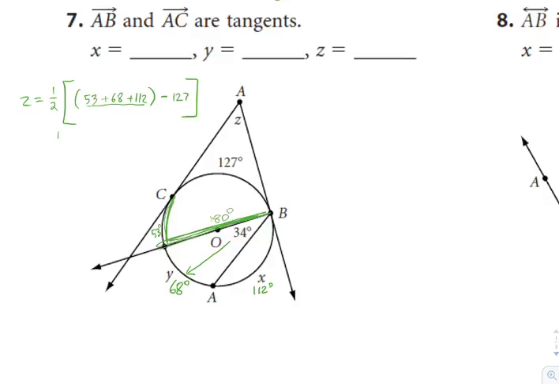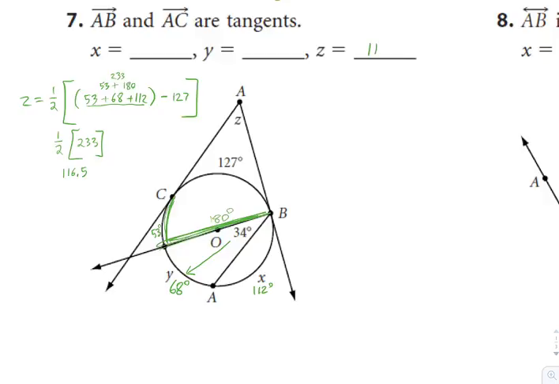Okay? So let's see, this is 1/2 of, adding these together, this was 180, a half a circle plus that 53. So that's 233. So 1/2 of 233. Oh, it's not going to work out nicely, but that's okay. So we get 116.5.